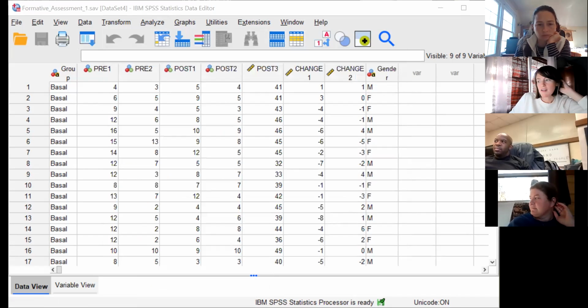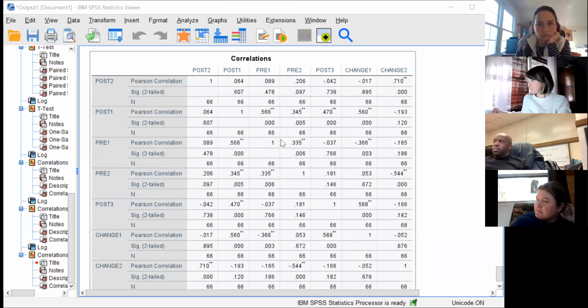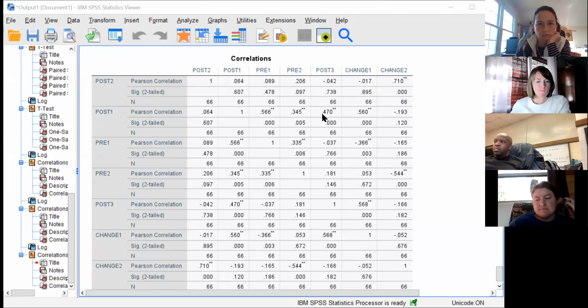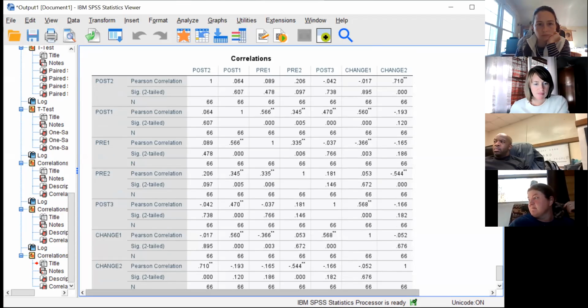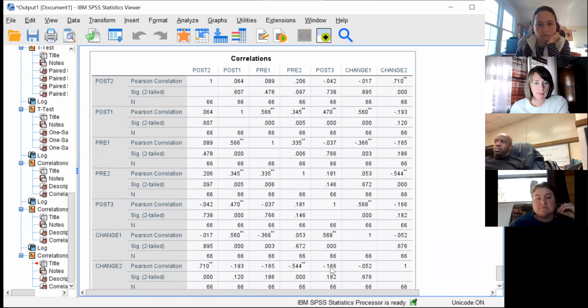And now let me go over and do another share on the output page. And so we get now, and you see, obviously this is a table that mirrors itself on a diagonal. And so whatever's going on up here in this quadrant, it's also going on down here in this quadrant.